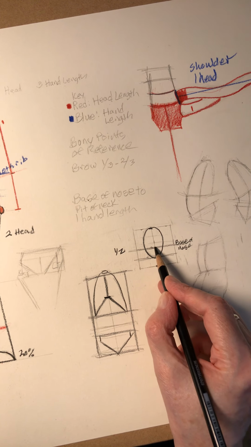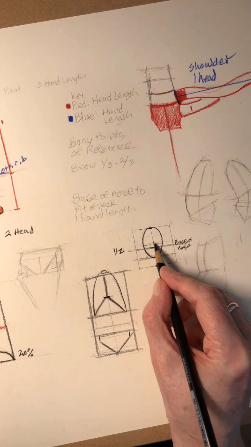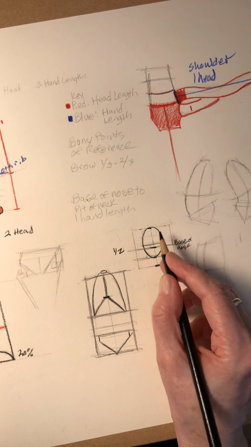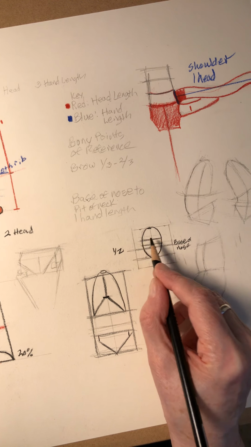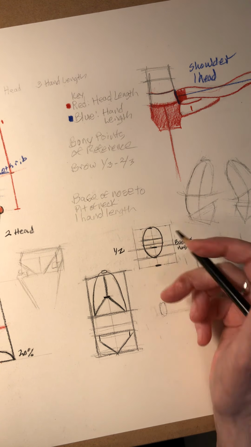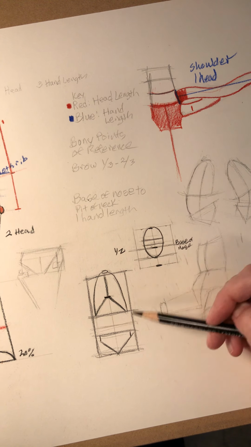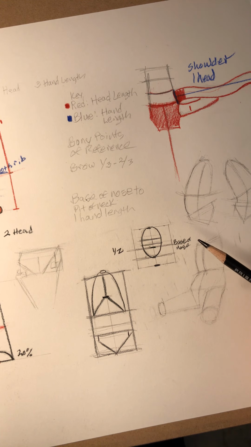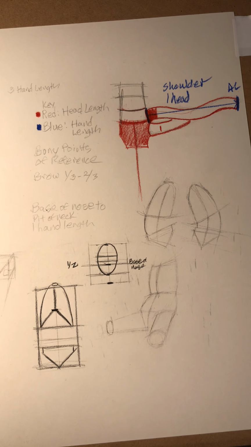Then this point again is the base of the nose. Above that slightly is the orbital cavity, the cavity for the eyes. Above that is the top of the superciliar arch. So then you've got a head length. So basically this whole upper body or upper torso is 3 head lengths within these cubes, and it's a very simple way of thinking.